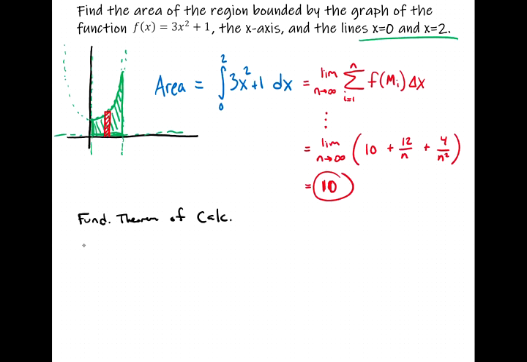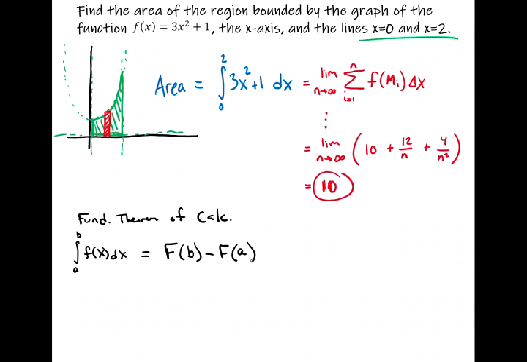The fundamental theorem of calculus says that the integral from a to b of f of x dx is equal to capital F of b minus capital F of a, where capital F is an antiderivative of f of x.